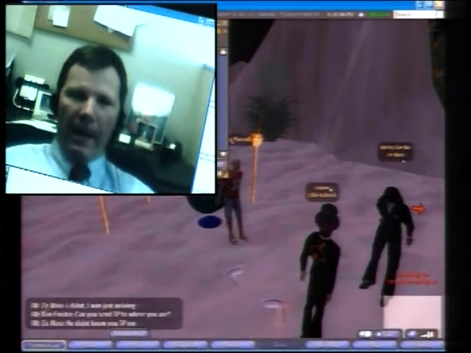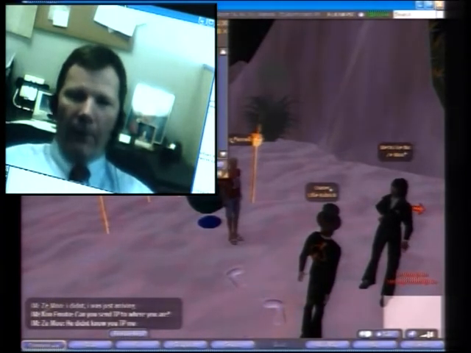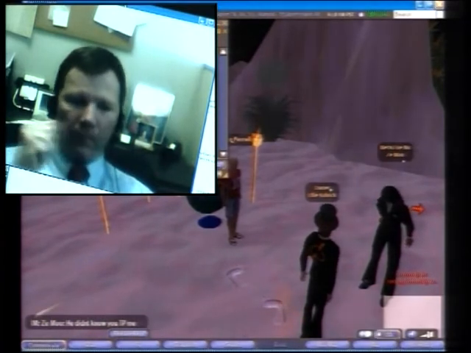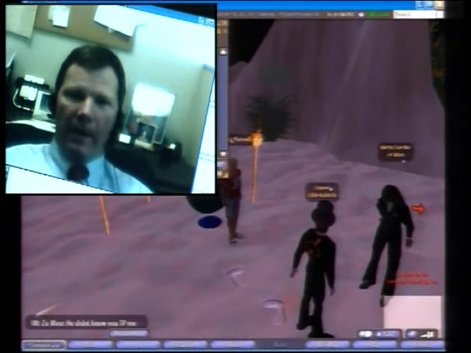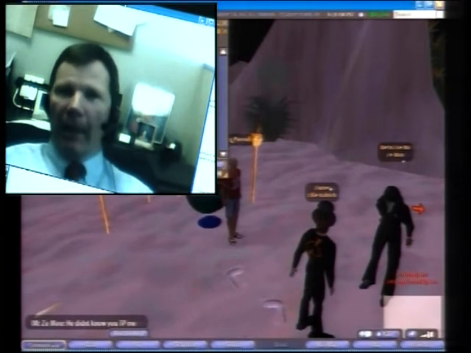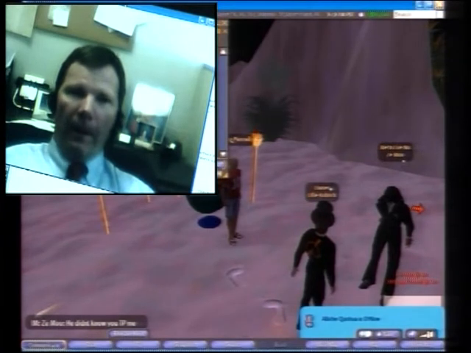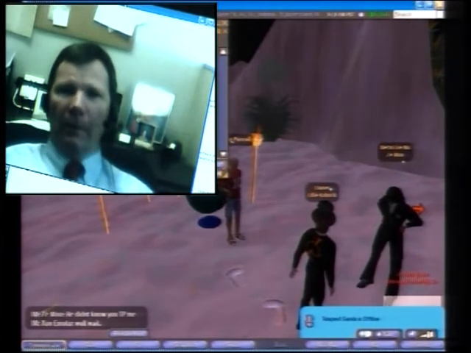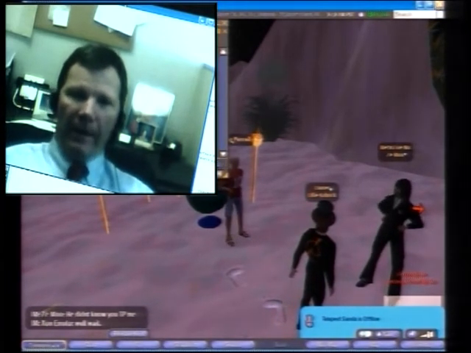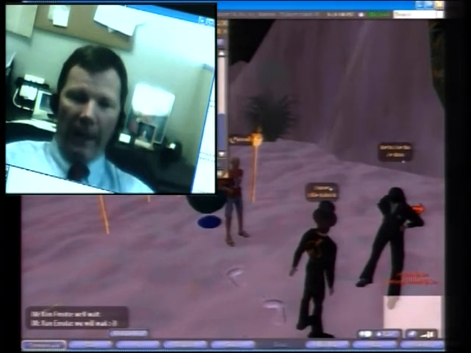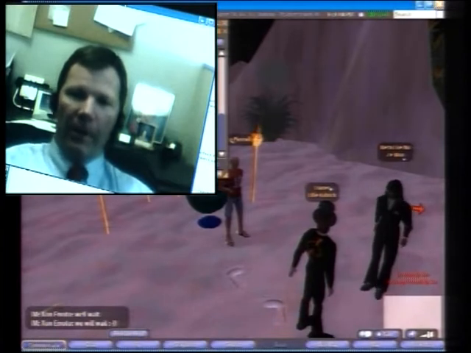And so I had the idea, once I'd been in Second Life for a couple of months and got my feet wet and looked around, that I might be able to create a simulation in Second Life that would better explain this specific process. And so I began to learn how to build and learned how to script and created an animation that sort of explains the process, and we'll see this animation in a bit.